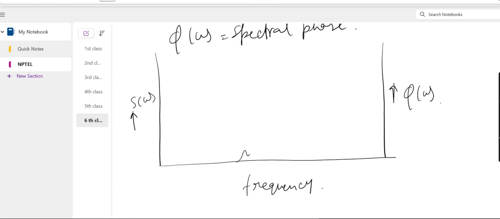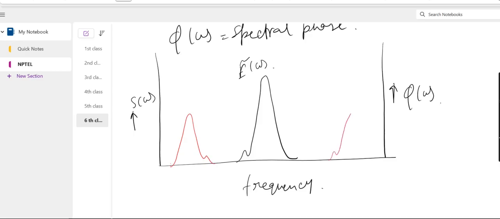So basically this thing is E of omega, which corresponds to the complex field, and this other thing corresponds to the real electric field in the frequency domain.